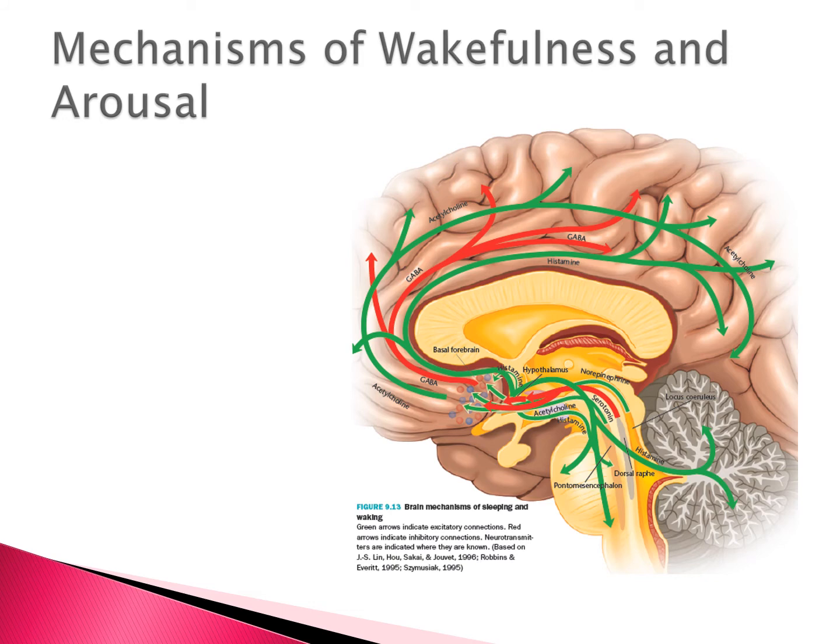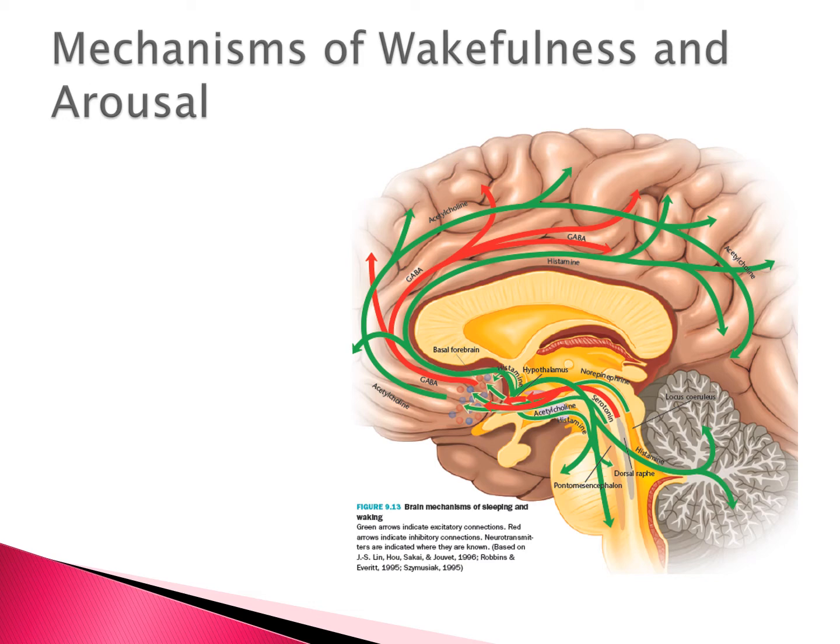And here I'm just including Callett's picture of the brain pathways. So some of those excitatory pathways with acetylcholine and histamine and serotonin and norepinephrine. And we can see the pontomesencephalon, the dorsal raphe, and all of those areas kind of communicating out and up to areas of the cerebral cortex.